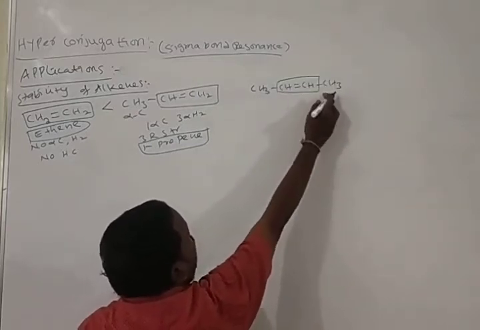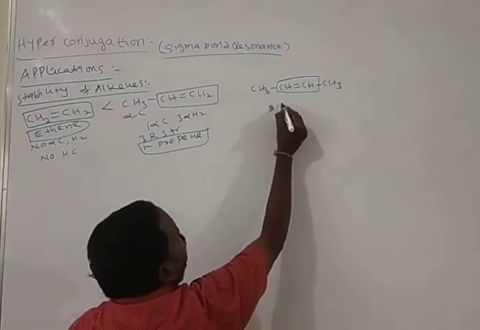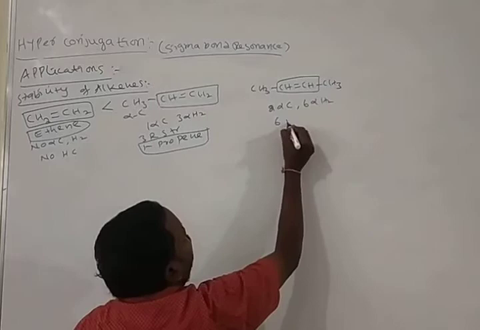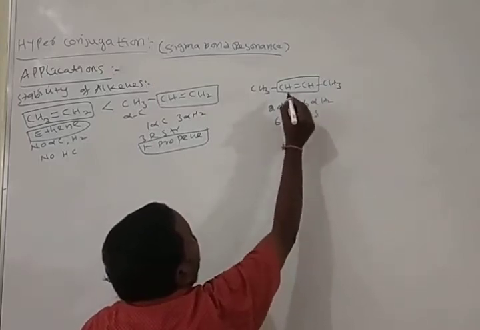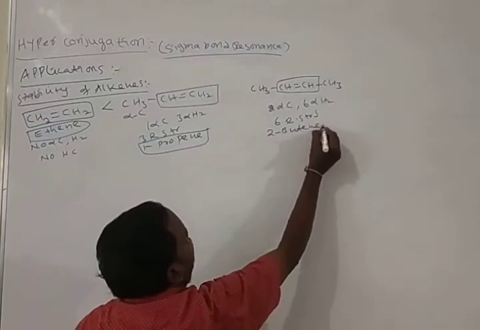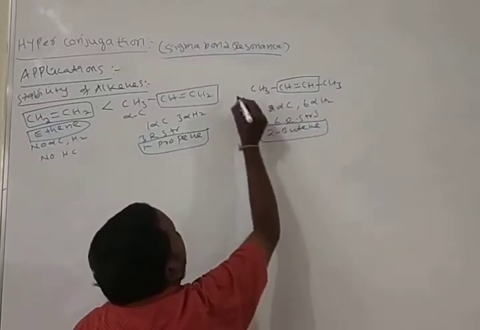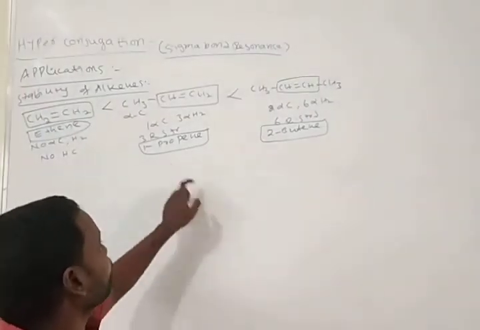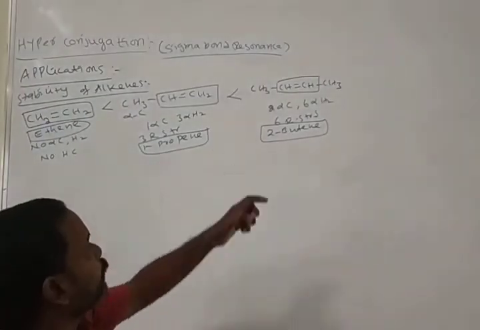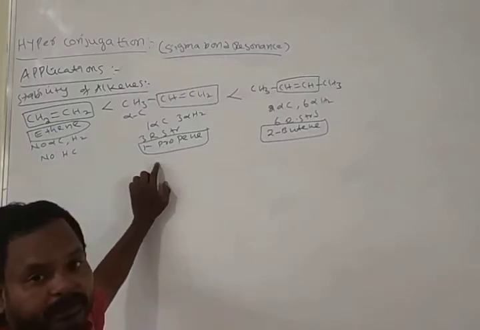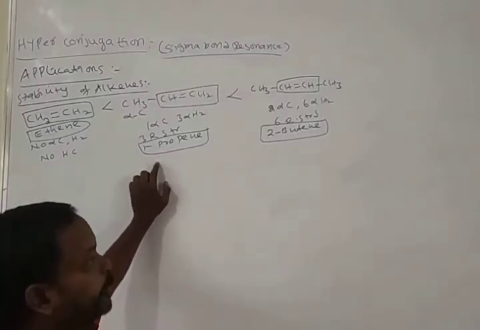It has 2 alpha carbons and 6 alpha hydrogens, which means it forms 6 resonance structures. The name of this molecule is 2-butene. It contains 6 resonance structures, here only 3. So 2-butene is more stable than 1-propene.